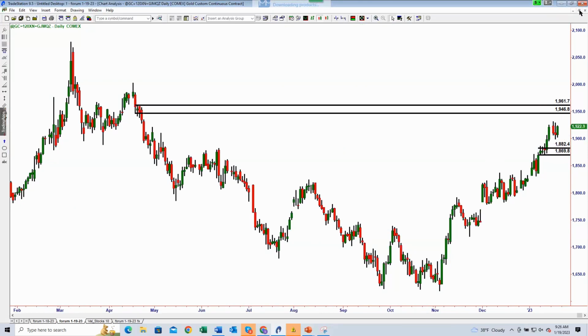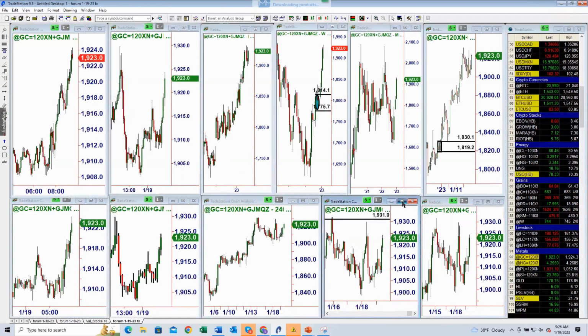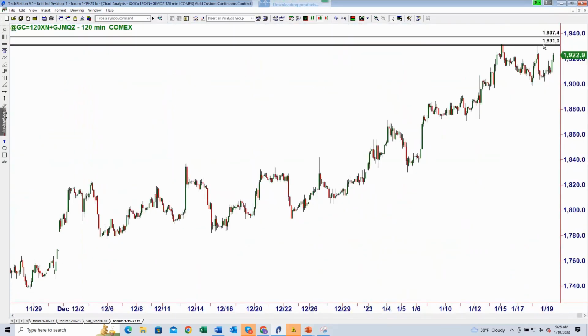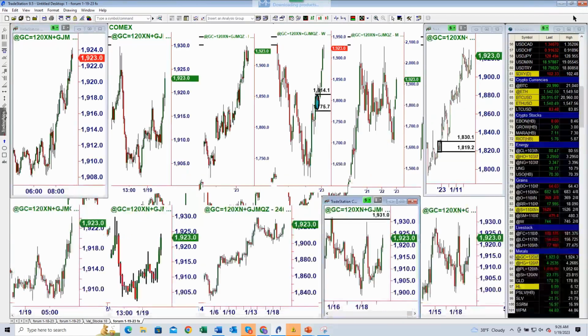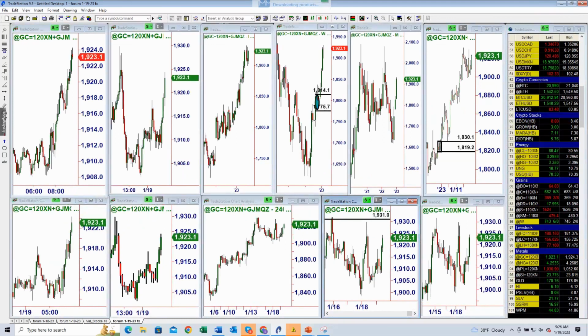And again, don't forget, this area right here is just before that daily area. So that's where the current range in gold is likely to be. Fair value, right in the middle. Okay, all right, let's keep going.